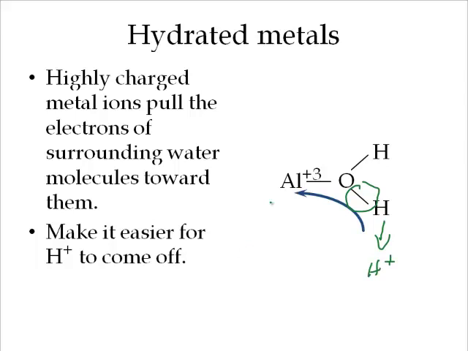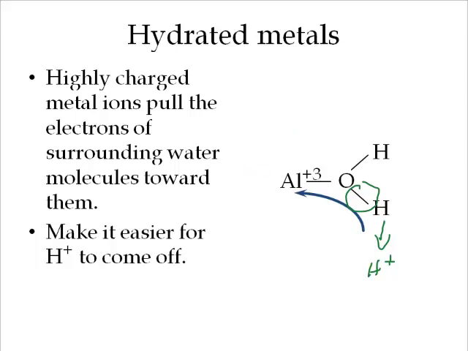Where you have to really look for this situation is when you're talking about highly charged metals. Aluminum is typically the example they give. Not so much with a metal that's got a positive 2 charge, but it still does happen. So metals that get hydrated tend to form acids, and it's because of this charge density.